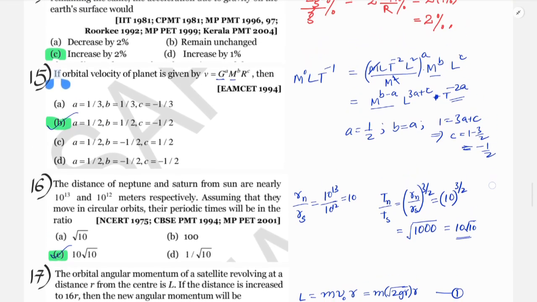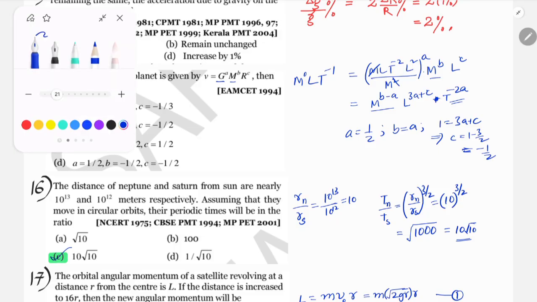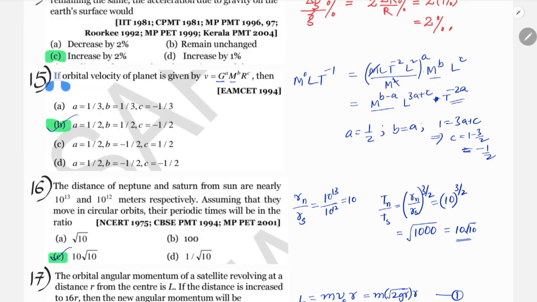M power, not L. Why? Because velocity is L T power minus 1.